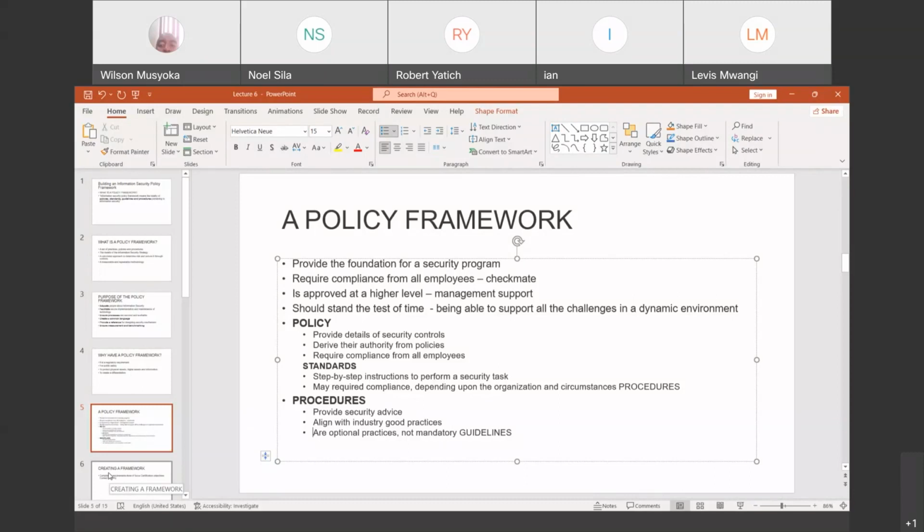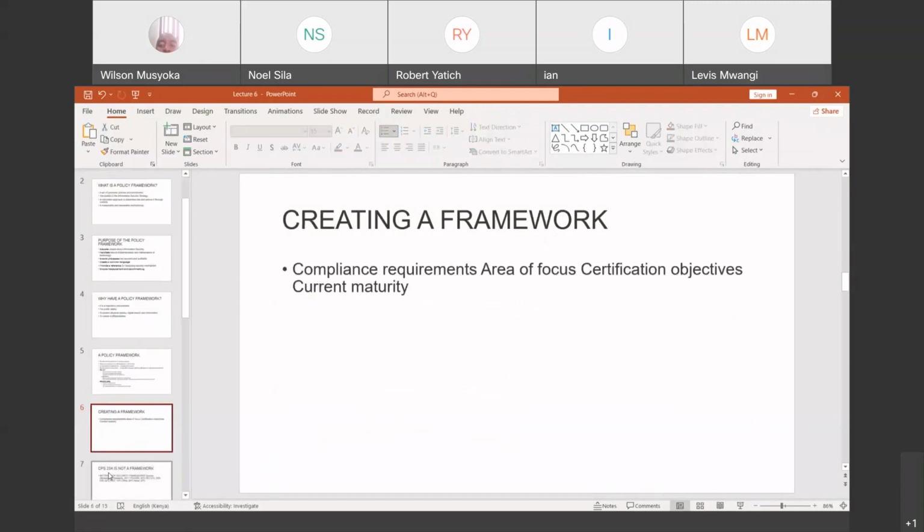So how do you create a framework? A framework is created following the compliance requirements in the area of focus. If you are talking about the banking industry, there are those compliance requirements.